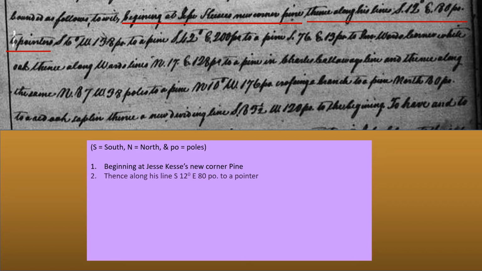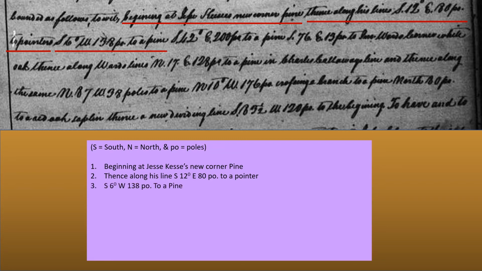This is a deed from 1812 in Pennsylvania, Virginia. Let's break it down. Beginning at Jesse Kesey's new corner pine. Thence, along his line south 12 degrees east, 80 poles to a pointer.